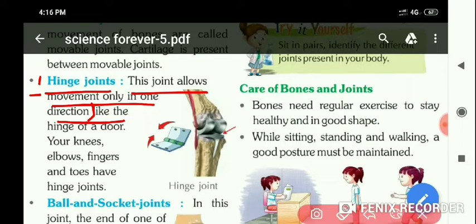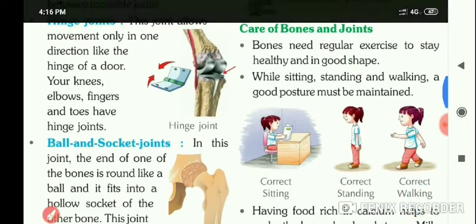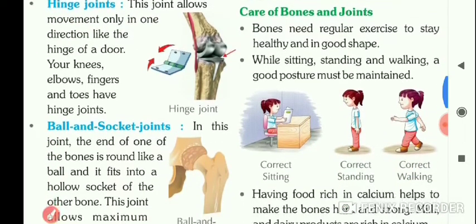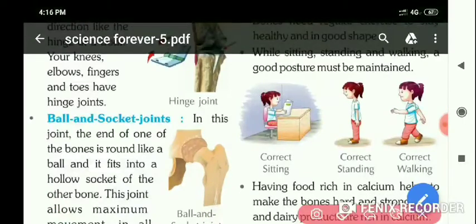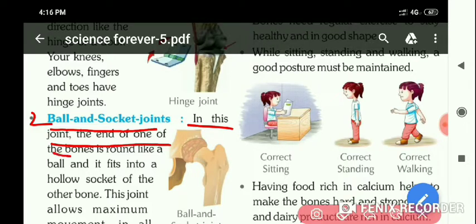Then number 2, ball and socket joint. In this joint, the end of one of the bone is round like a ball and it fit into the hollow socket of the other bone. Up to here. This is second kind of movable joint.